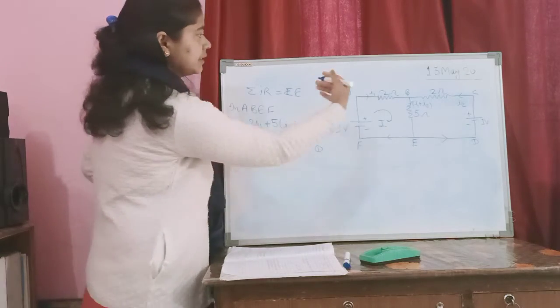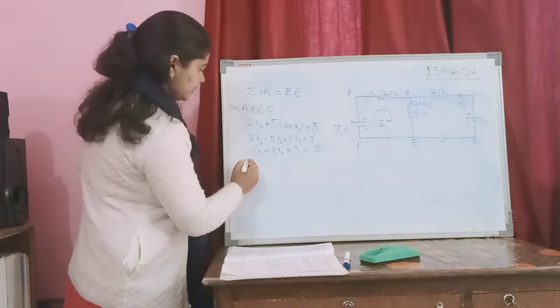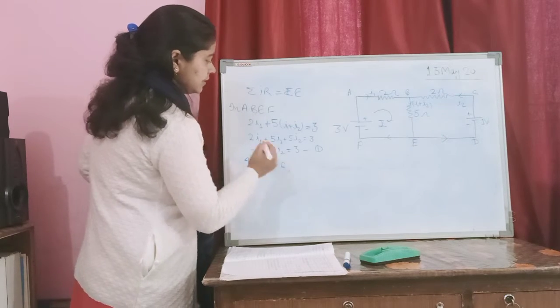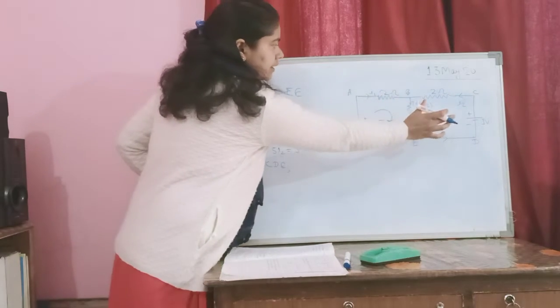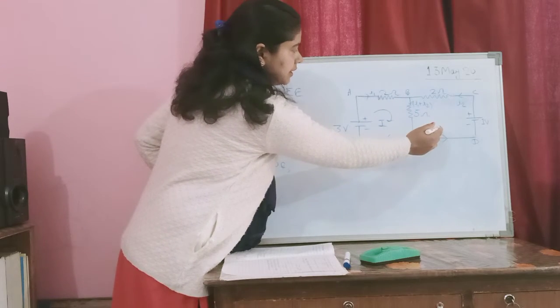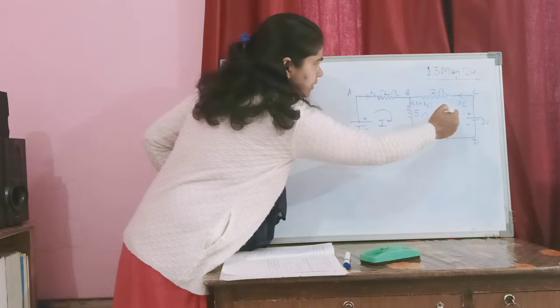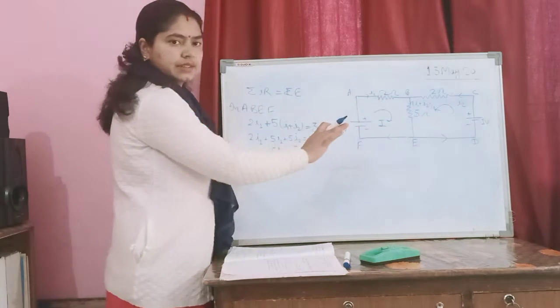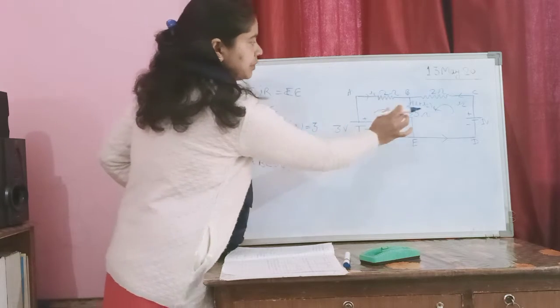Now let us take another mesh B, C, D and E. The current is along this same direction, but differs from it. There is no connection between these two.